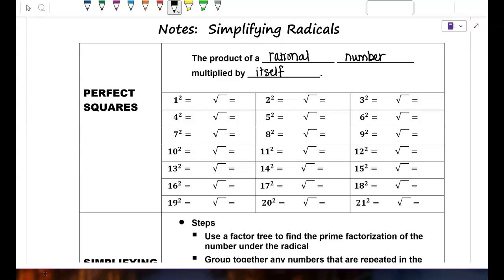So starting off here, starting with 1 squared. So Gary, what is the value of 1 squared? In other words, what is 1 times 1? So if I move that number, that square, under the radical, the square root of 1 is 1.